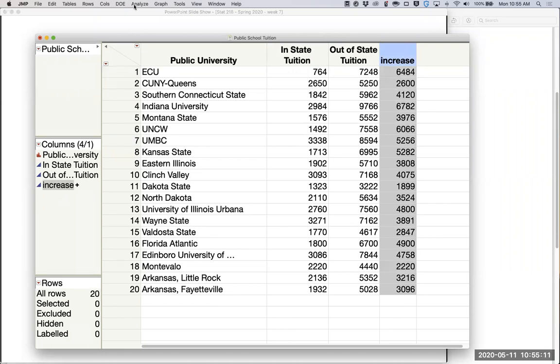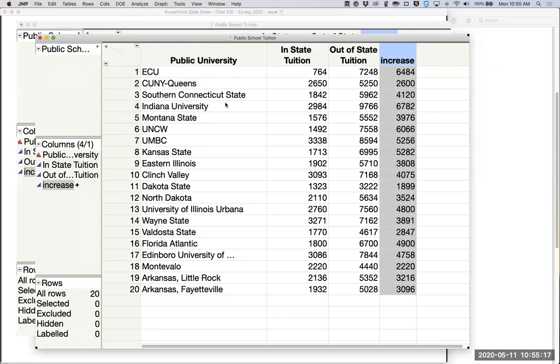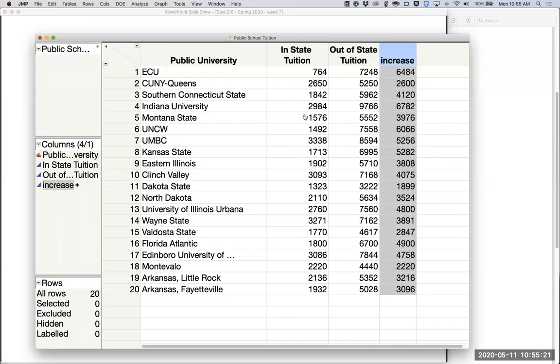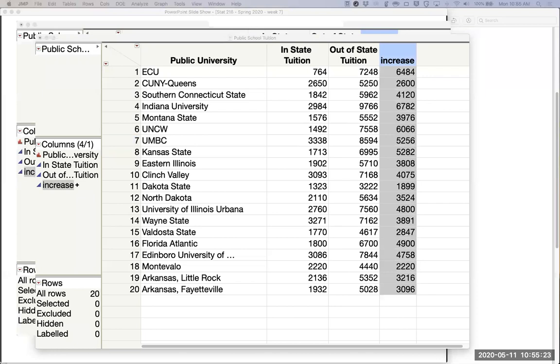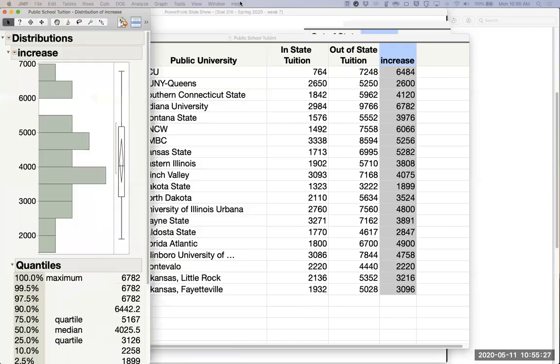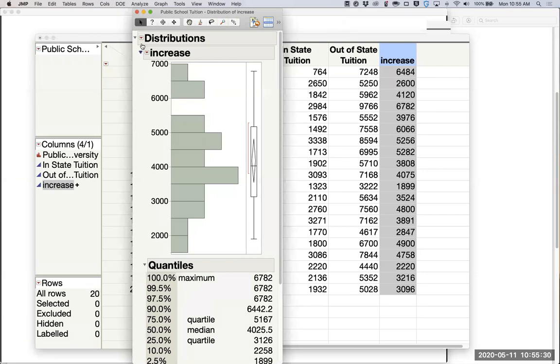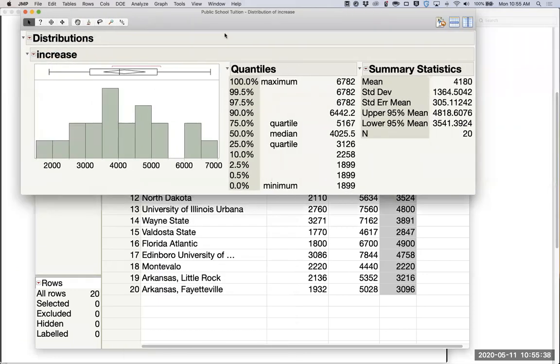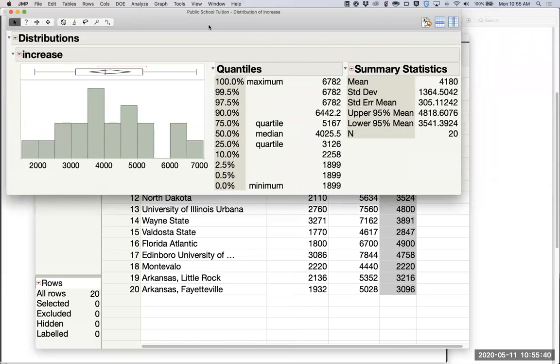For these increases, I want to know about the means and the standard deviations and all that good stuff. First off, there's 20 of them. That was easy. Under analyze, the distribution of the increases, the key bits of information you're going to need are d bar, the standard deviation of the differences, the number of differences, and perhaps even the standard error for the differences.